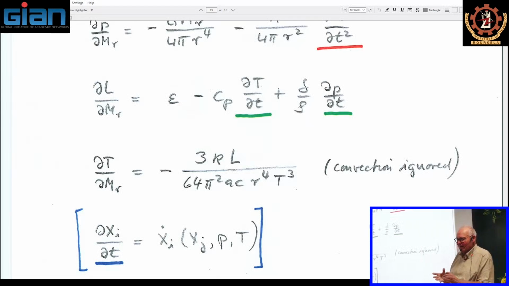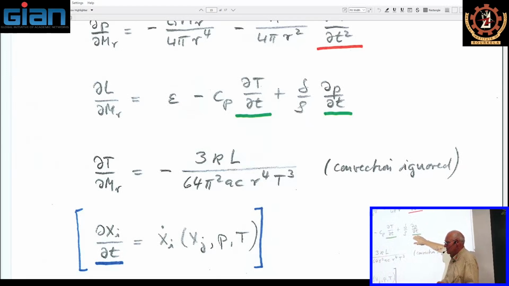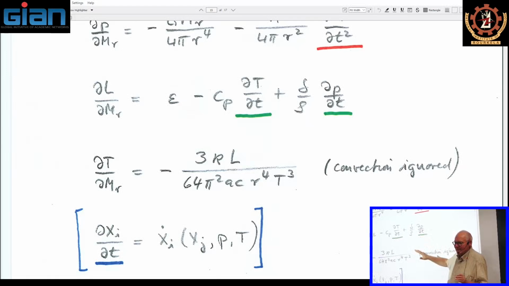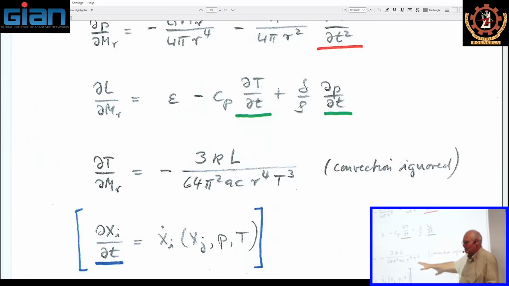One has to check this, whether it's really true that we can assume that this term vanishes, that we have adiabatic motions. We'll come to that. It's not always true. For pulsations, partially we have to take into account this term, but there are stars where this term might be ignored.